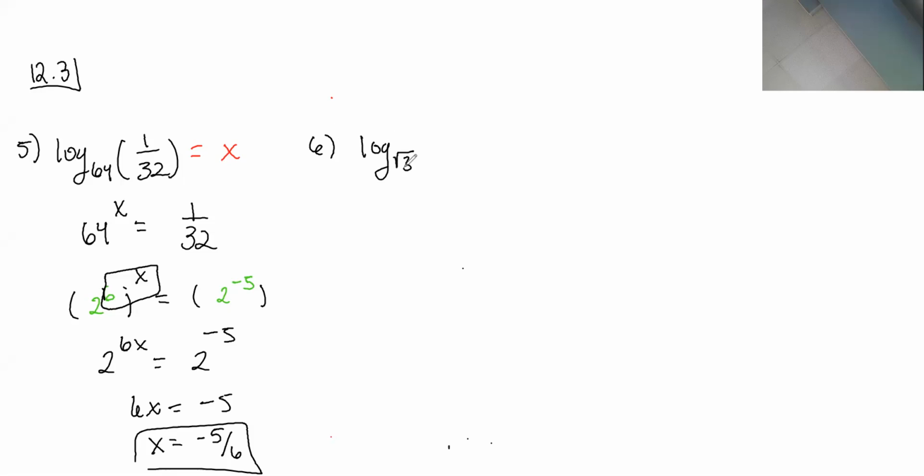So again, there's no X there, but I am going to make an X so I can evaluate. Your answer is negative 5 over 6. I'm just going to continue to put an X because that's how my brain processes it.